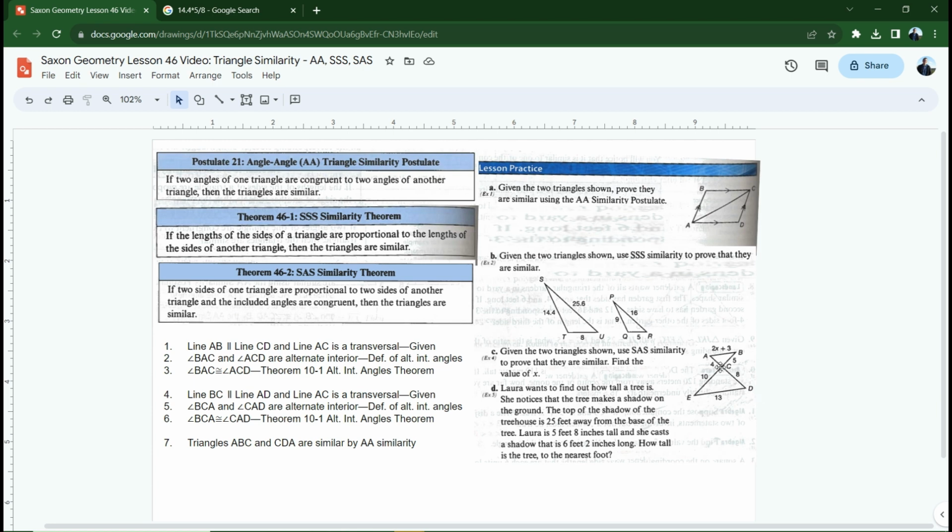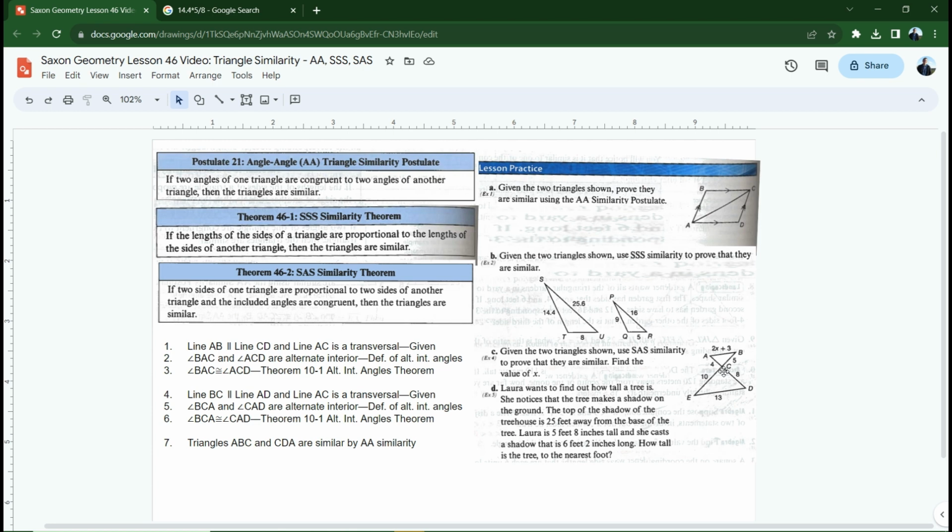Okay, that's powerful because I just proved that two sides have the same similarity ratio. Two sides are proportional. And then I can say that ACB and ECD are vertical angles by the definition of vertical angles. Therefore, ACB and ECD are congruent according to the vertical angles theorem.